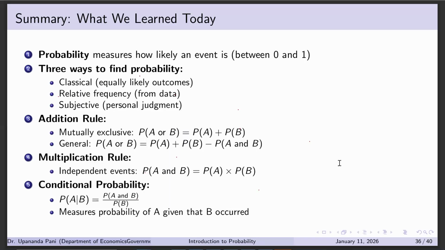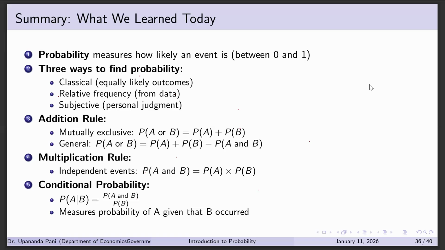So what did we learn today? Probability measures how likely an event is, between 0 and 1. There are three ways to find probability: classical for equally likely outcomes, relative frequency from data, subjective from personal judgment.